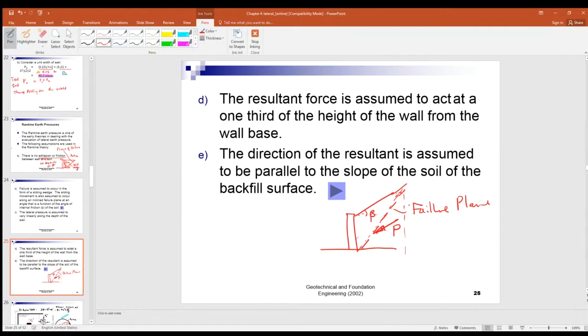So again, that's also beta, right? It's parallel to the sloping surface. So in other words, this is parallel.